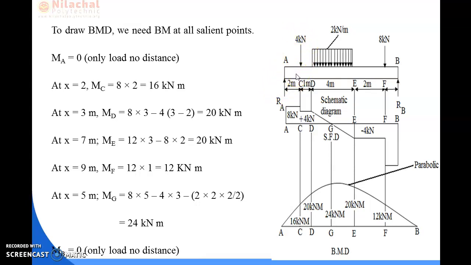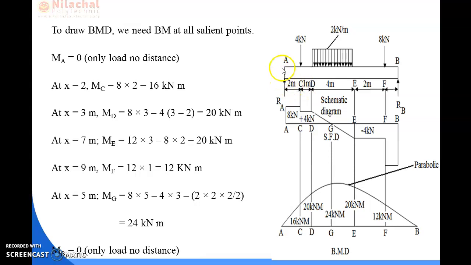First, calculate for the reaction at A. RA into the distance up to D, which is 3 meter, that means from here to here 3 meter. So load into distance will be RA into 3.